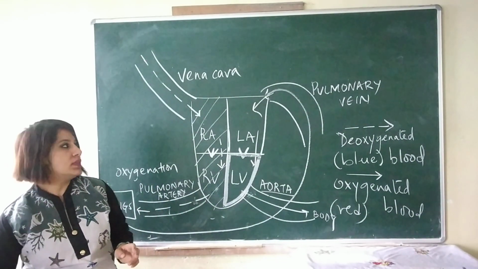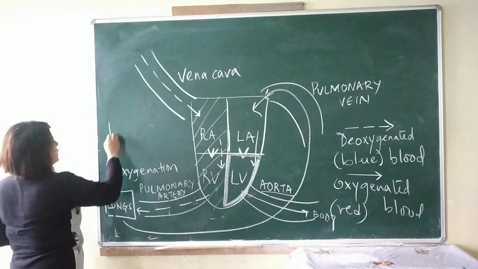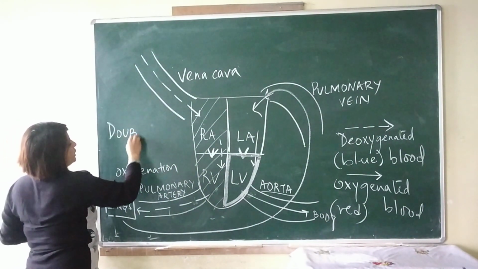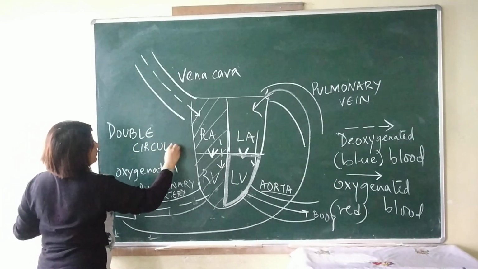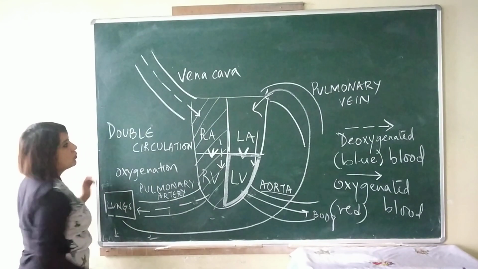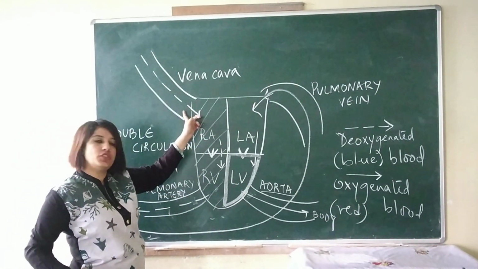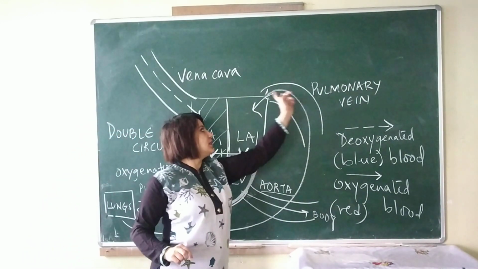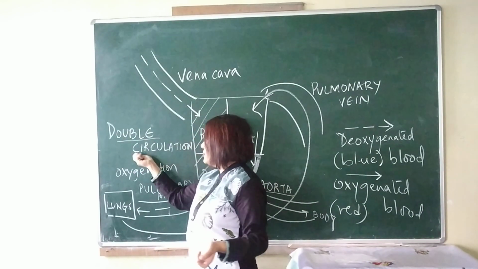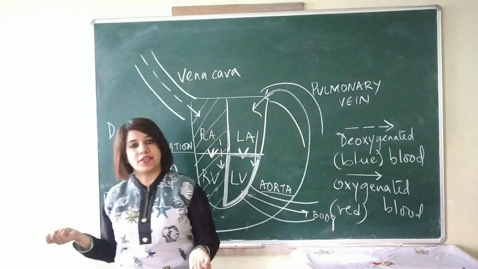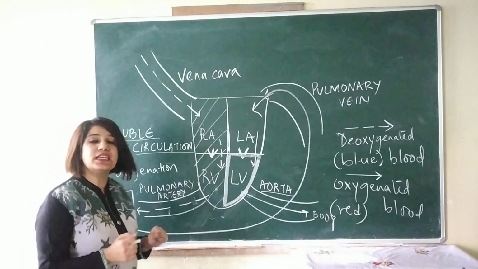Hence the circulation of blood in our body is called double circulation. Once it enters the right auricle as deoxygenated blood, and once it enters the left auricle as oxygenated blood. Hence it is called double circulation. So we will be discussing double circulation in the next video.